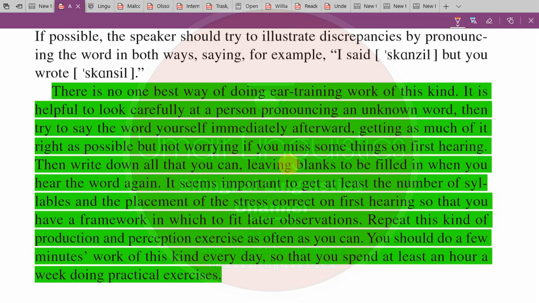Write down whatever you can, leave blanks, and after listening, look at the sample to see what sounds are missing and what the possible sounds might be. The more you listen keenly and carefully, and the more you transcribe, the better your ear will get, because once we practice something, it comes to us very easily. Our brain starts working like that.